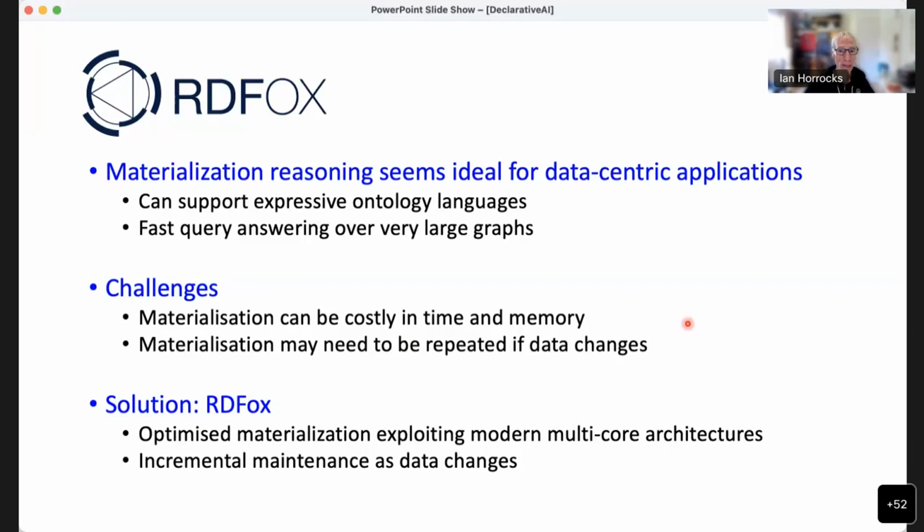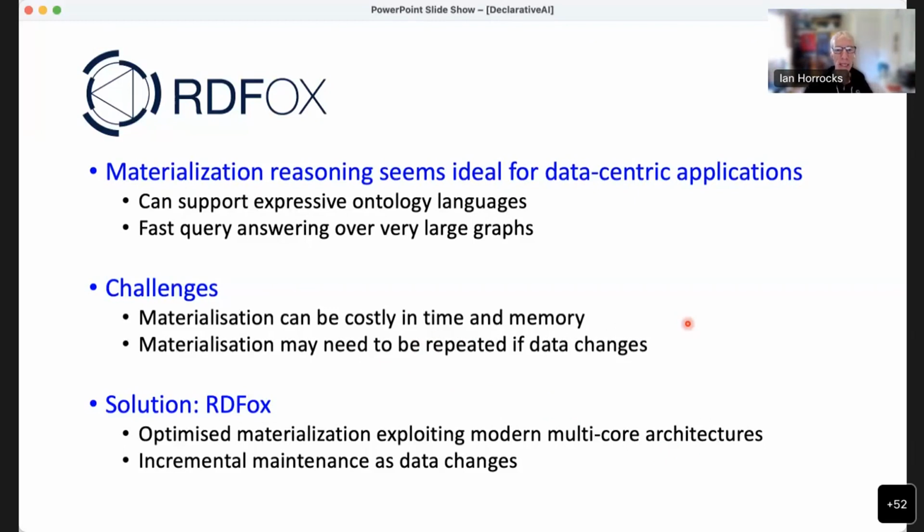We can do that as an offline process, but even so, if it's going to take days or even weeks, that could be pretty inconvenient. And if we change the data, in particular if we delete edges, we may need to repeat the whole materialization process.